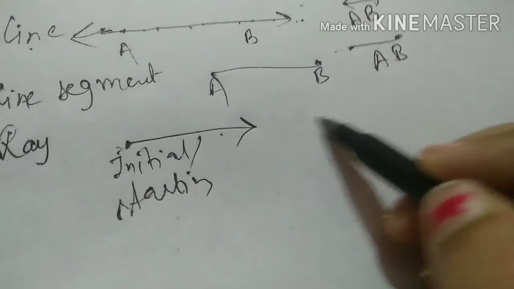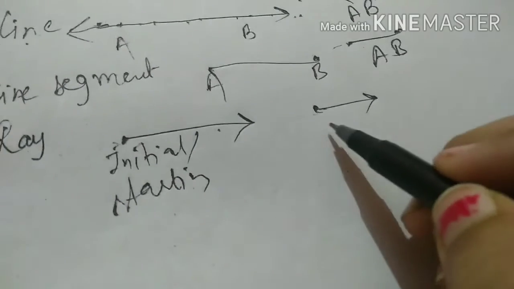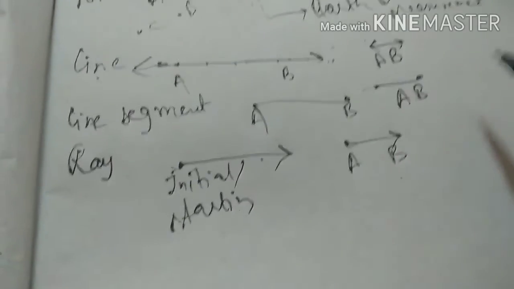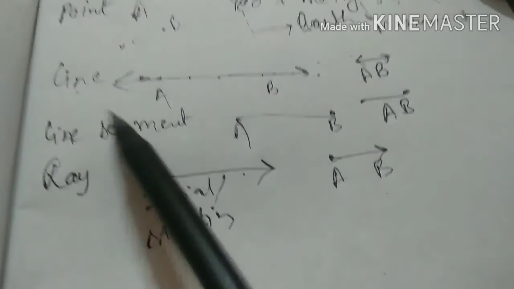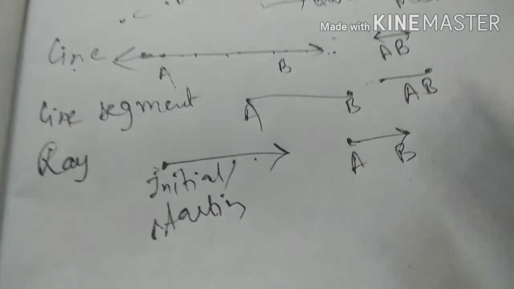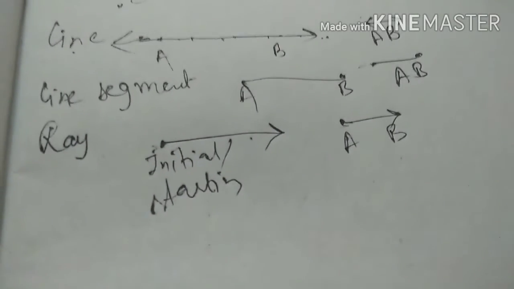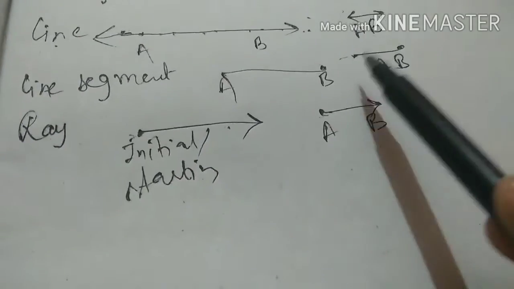To represent it, we use it like this: A and B. So from here you can see the difference between a line segment, a line and a ray, and the way we represent them is also different. When we represent a line, it means two arrows.